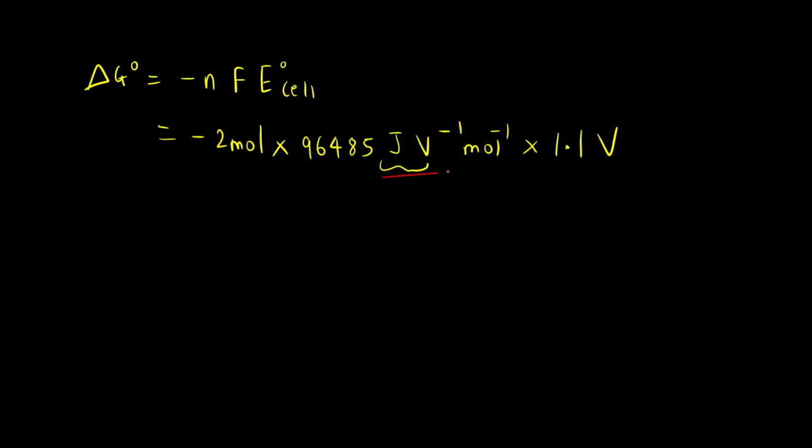I converted coulomb into joule per volt because we can cancel volt and volt inverse, and mole and mole inverse get cancelled. We will get the answer in joule.